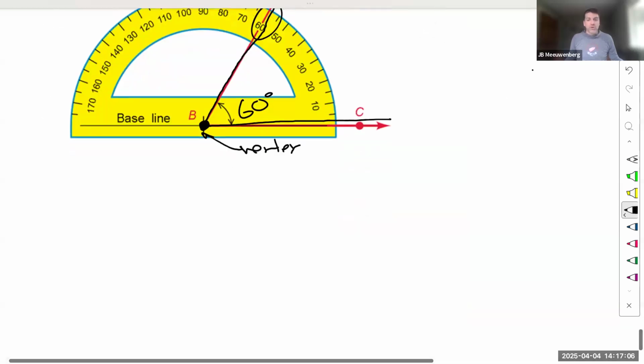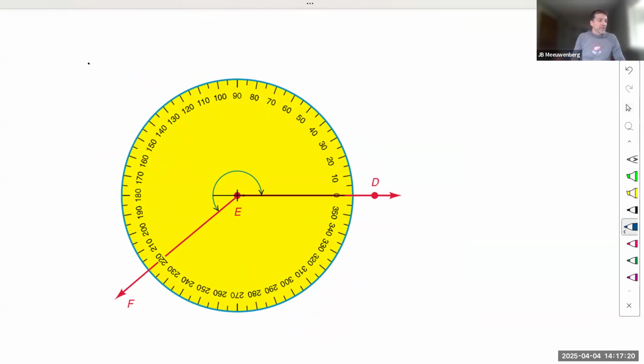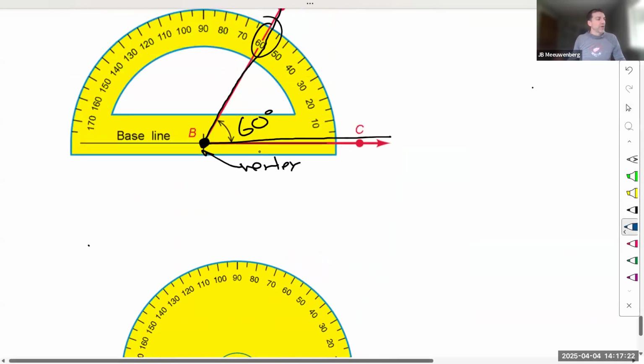We can also use a circular protractor if necessary, like this. We saw this earlier. When our angles are more than 180 degrees, because if I scroll back up, notice one side of your protractor only goes to 180 degrees, which is a straight line.